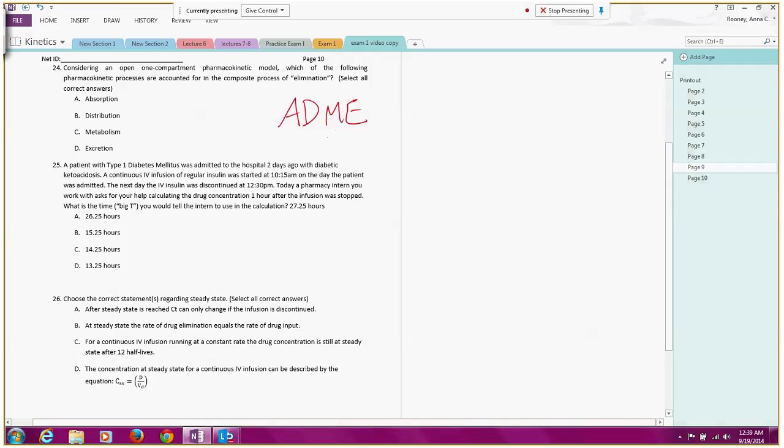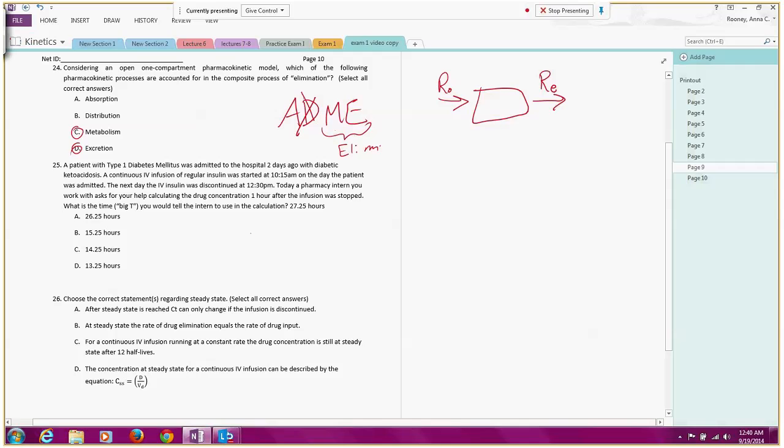In our one compartment model, we don't have distribution at all, but we do have absorption. So that is R0 into our one compartment model, and we have elimination. Our elimination is just metabolism and excretion. So it asks you which ones compose that. Well, that's going to be metabolism, excretion. So that was a double answer.